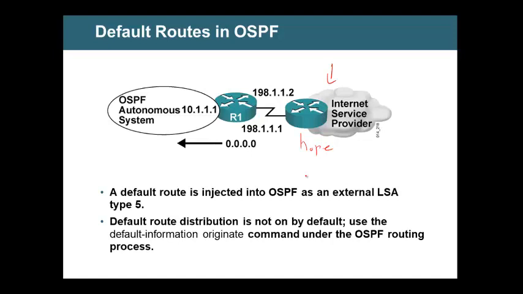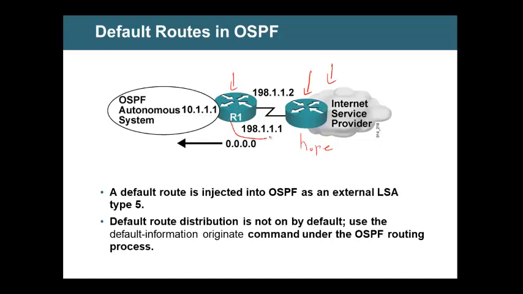So ISP will not give you the millions of remote network routes, but they will have those millions of routes in a summarized form in their routing table. All that we need to do is, for the remote network, simply forward the traffic, hoping that ISP will take care. That's all our job.